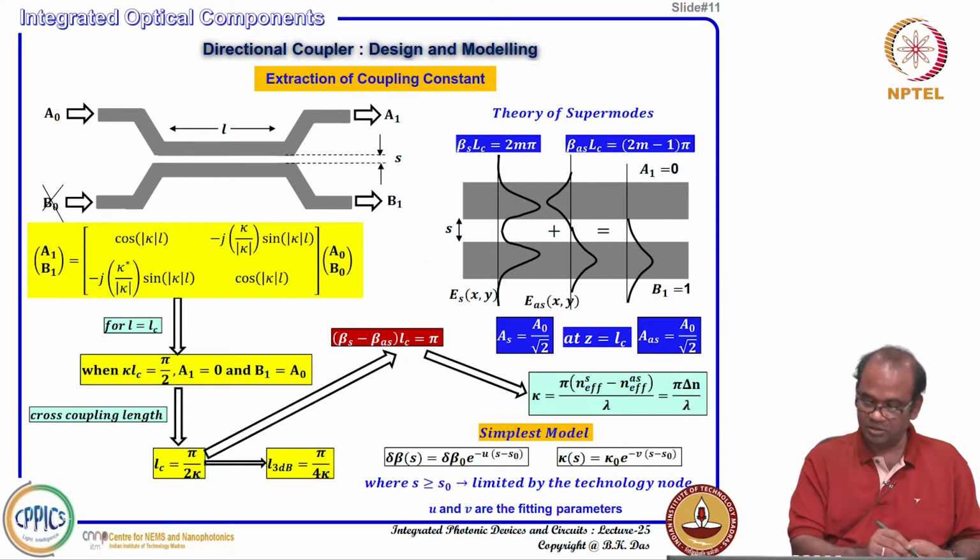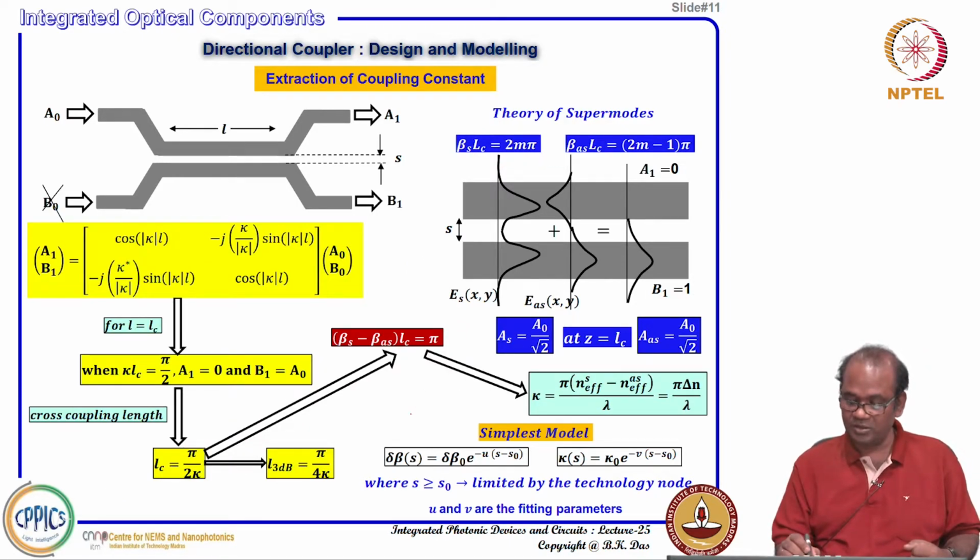I have just written here, use this LC here, and then beta s equal to 2 pi by lambda n effective symmetric, beta a equal to 2 pi by lambda n effective antisymmetric, and this 2 because you have 2 kappa. LC, if you are putting here pi by 2 kappa, right, and whatever 2 comes, the 2 cancels, right. So, pi on both sides will cancel also, then you will be getting the kappa value as this one.